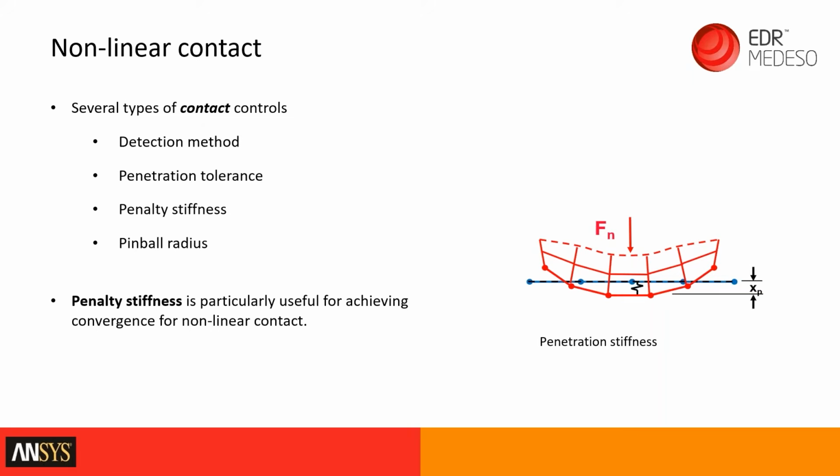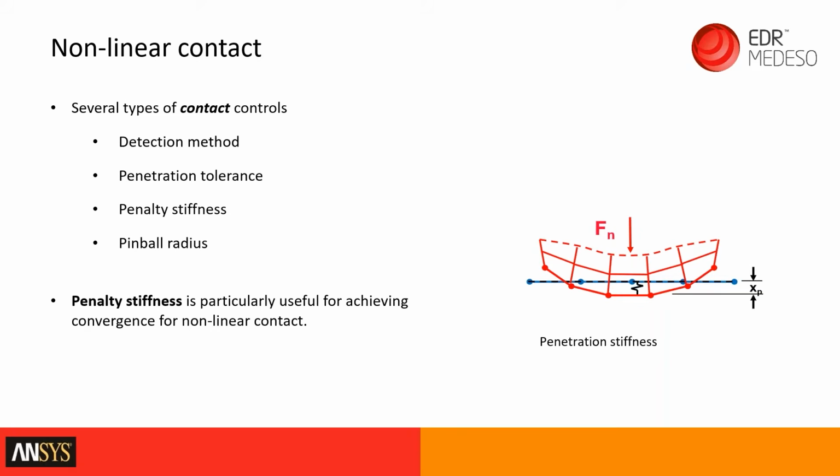The other thing that can control convergence is pinball radius. So pinball radius is basically a measure of the proximity from the contact surface that Ansys looks for the target surface. If the pinball radius is big, then it will include more of the contact points, and it can affect the solution time. So again, that needs to be chosen appropriately. Again, the best advice is to use the program controlled.